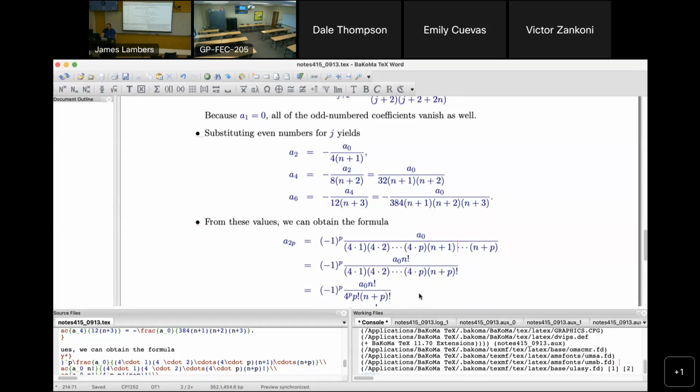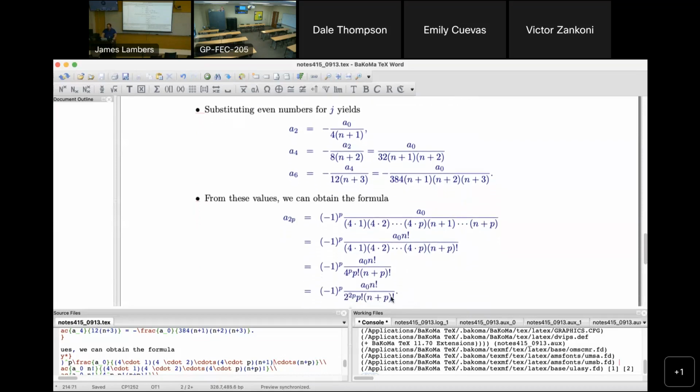This change appears superfluous now, but it actually will become useful later. I'm going to rewrite the 4 to the p as 2 to the 2p, because 2 squared is 4. I'm going to need that 2 later on.